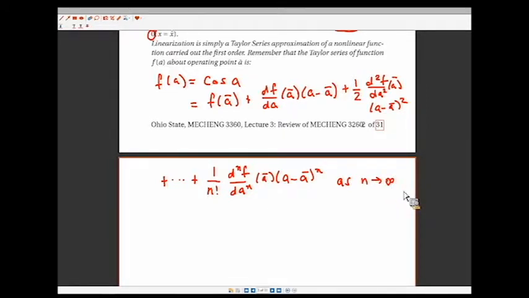Okay, so in linearization, what we're going to do is truncate this Taylor series expansion at the first order. So this is 0th order, this is first order, and we're going to get rid of this term and all of these terms to get a linear approximation for that element of our differential equation. Okay, any questions on that?